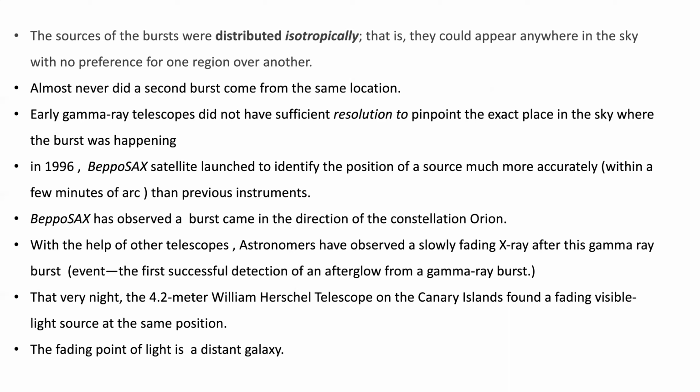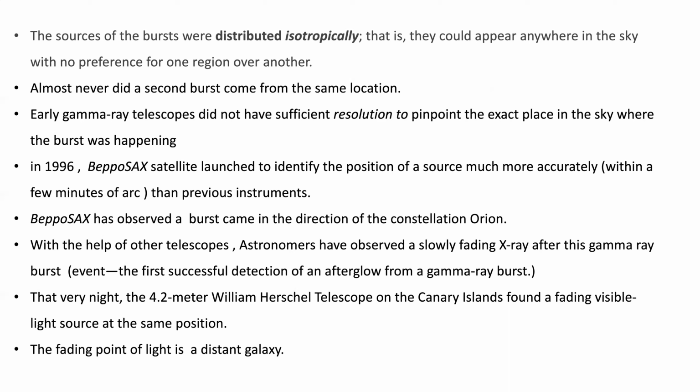This is recorded as the first successful detection of an afterglow from a gamma ray burst. What that means is you locate a gamma ray burst, and after that you use a different telescope to look at that position to see what is there. If you see some light there, that is what you call the afterglow, what is remaining after the gamma ray burst.